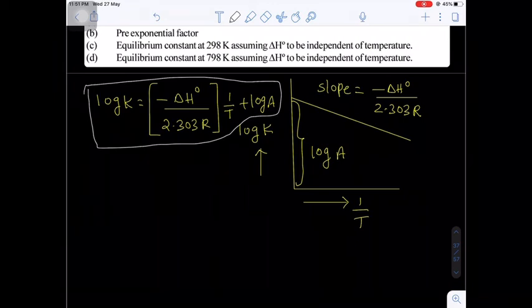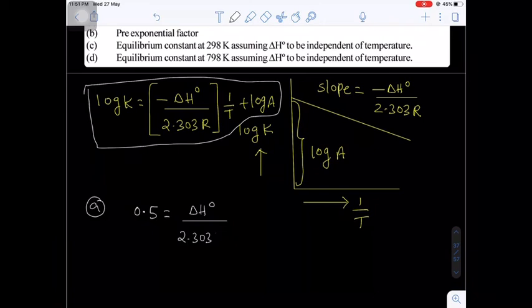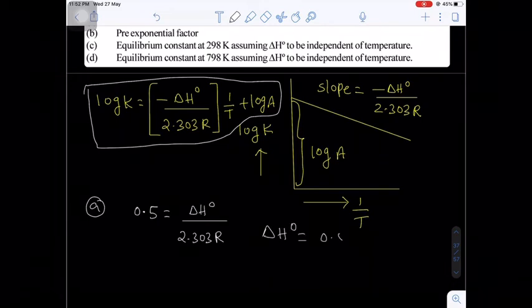Now in this expression, from the slope, what is the slope given? Negative slope, so the negative sign cancels out. 0.5 slope is given to you, which is equal to delta H naught divided by 2.303 capital R. Capital R value we know, so by cross multiplication we can find the delta H naught value.